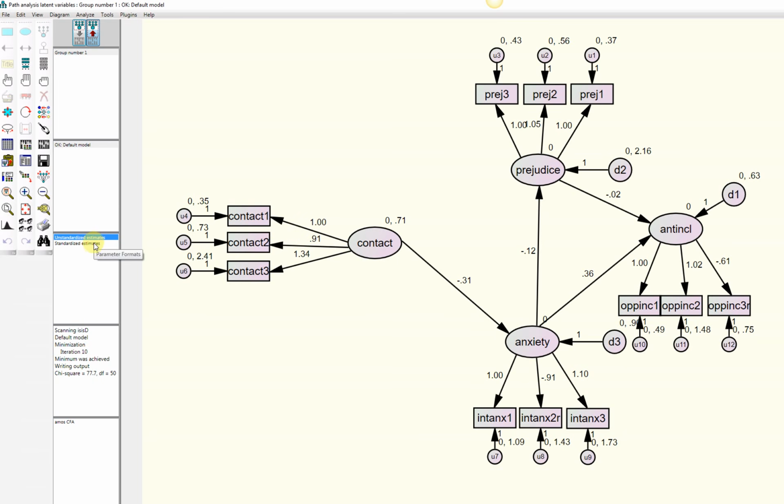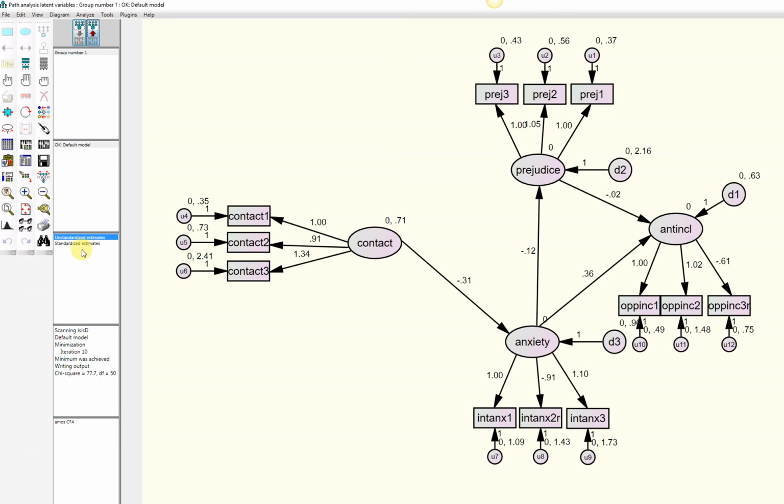If you click on standardized estimates, then all the paths are being estimated, and the scale of latent variables is fixed to 1. Using the unstandardized estimates, the path that you see right here would be interpreted as an unstandardized path coefficient from contact to anxiety, and then from anxiety to prejudice. All of these paths, reflecting the structural relations among the latent variables, are unstandardized.